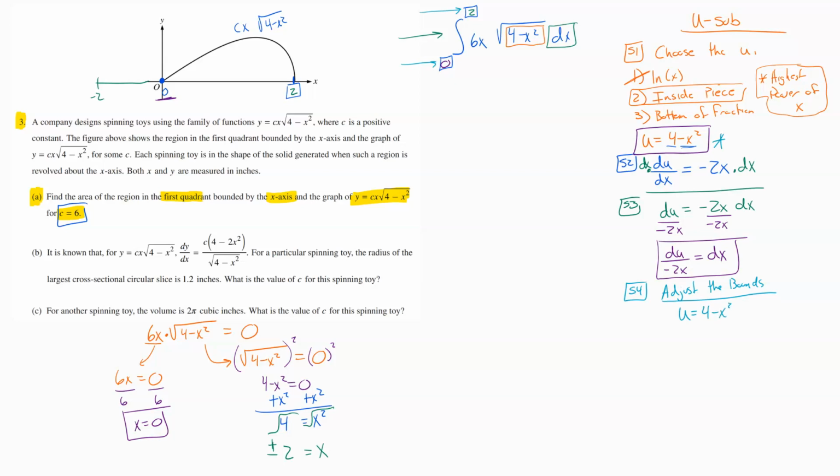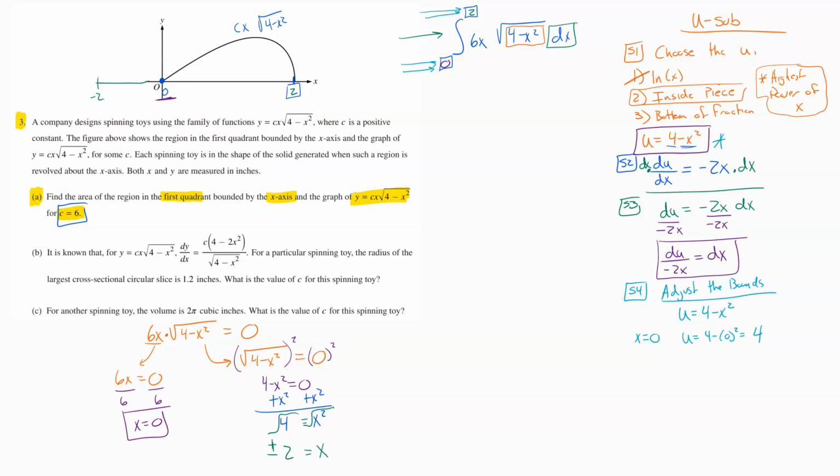So we know u equals 4 minus x squared. And then we'll take each of our bounds from our integral and we're going to plug them in there. So I know that when x equals 0, I plug in 0 for x into this equation, and it's going to tell me what that equals in terms of u. So when x equals 0, u equals 4.